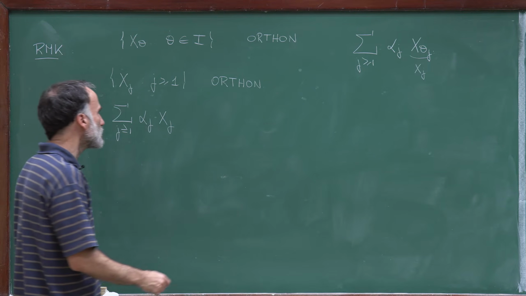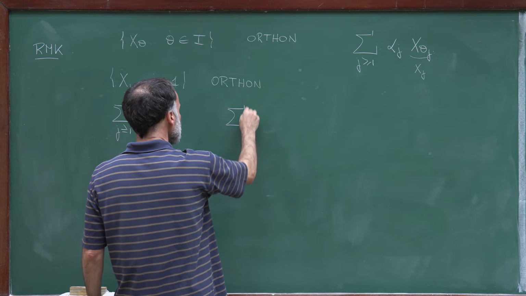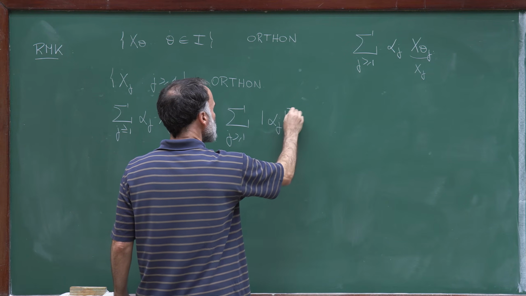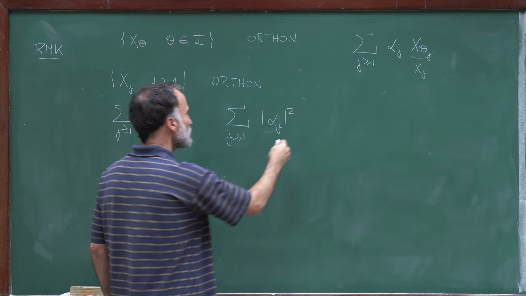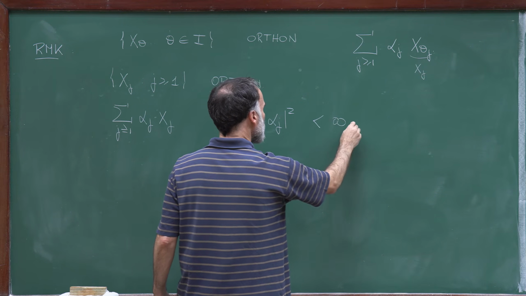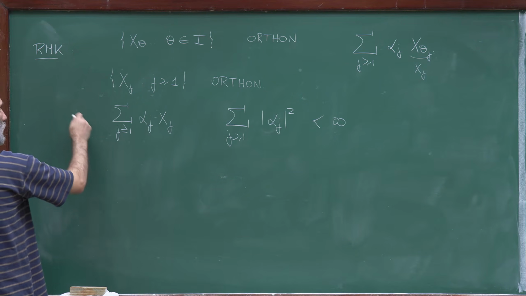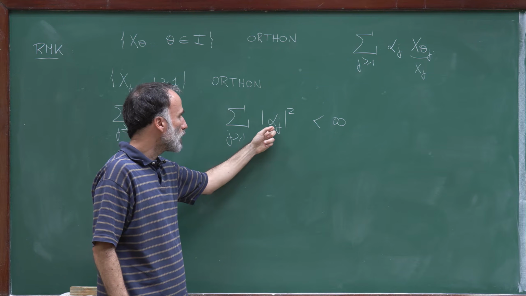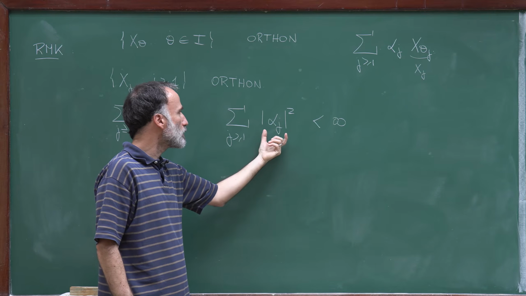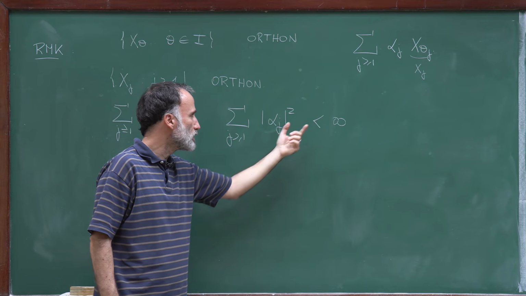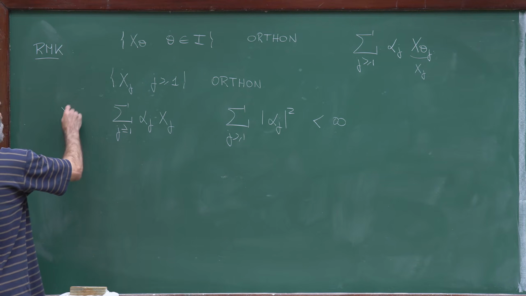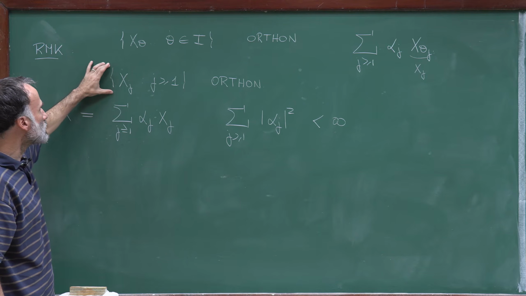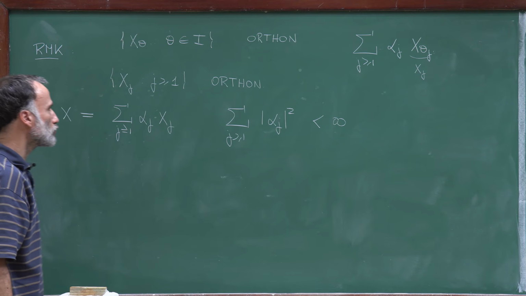And to define this infinite sum, let me assume that the squares of alpha j are summable. So my claim is that assume that you have scalars alpha j and that the sum of the squares of the absolute values of the alpha j's is finite, then I can define an element x as the infinite sum of alpha j xj under the assumption that these xj are orthonormal.